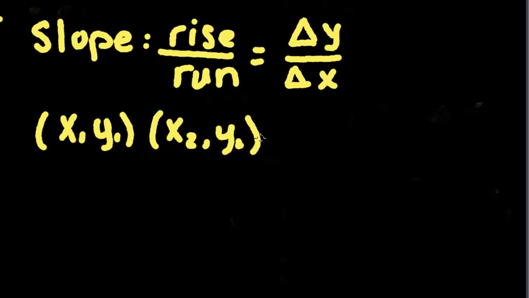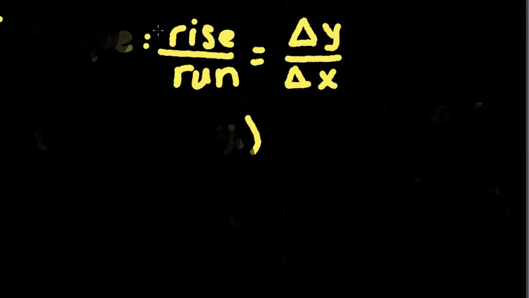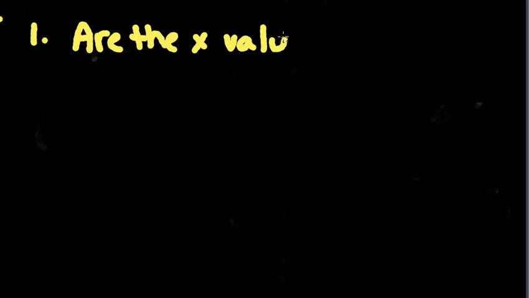So we're going to go through some basic steps and then be able to calculate this slope value. There are 3 things to keep in mind. The first thing is you ask yourself, are the x values of your 2 points the same?